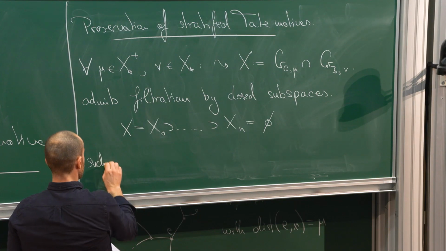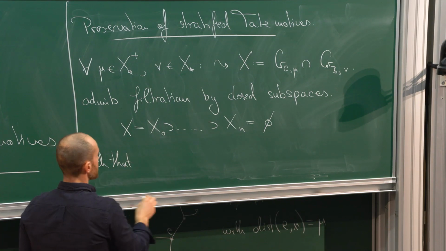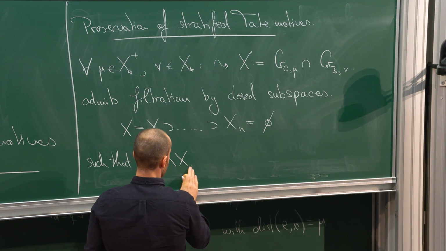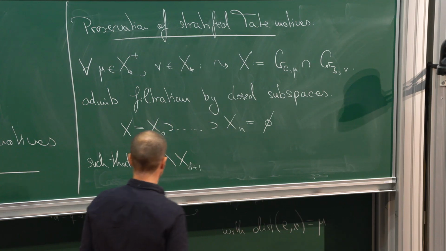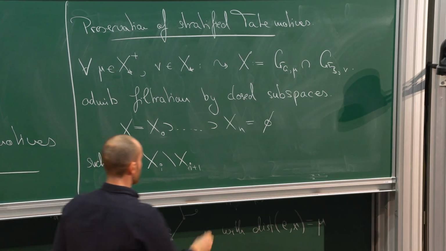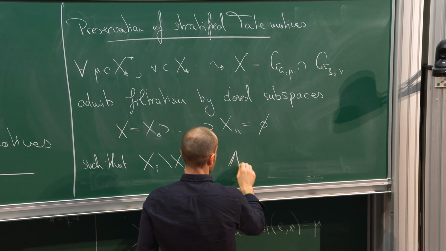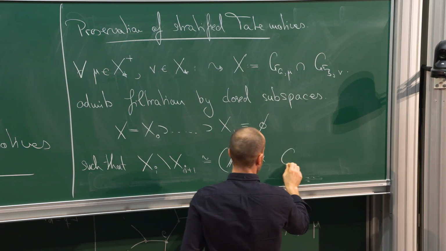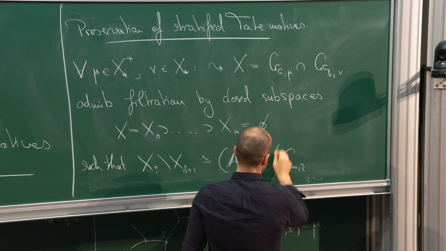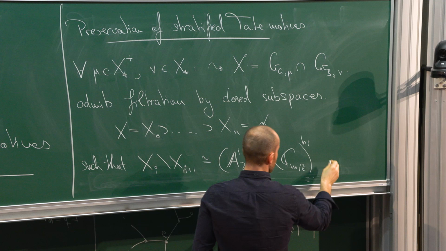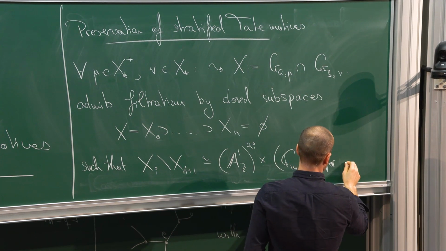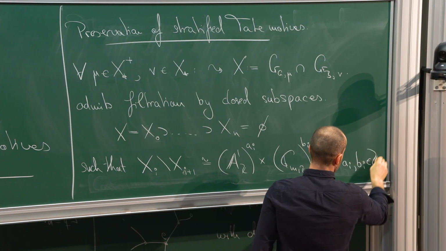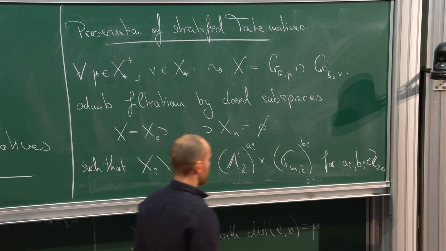Namely, there is such a decomposition such that if you take the complements, this is isomorphic to some power of the affine line, or some power of this here, for some a_i, b_i, non-negative integers.